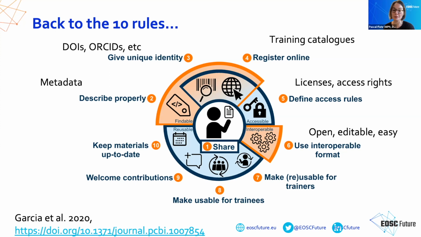It's important to remember, though, to use something that is open, as well as editable, as well as easy to learn, if possible. And the seventh one, to make your materials reusable and usable for trainings by adding that license, by adding the metadata so people can find it, as well as for trainees. And again, the correct metadata helps here.